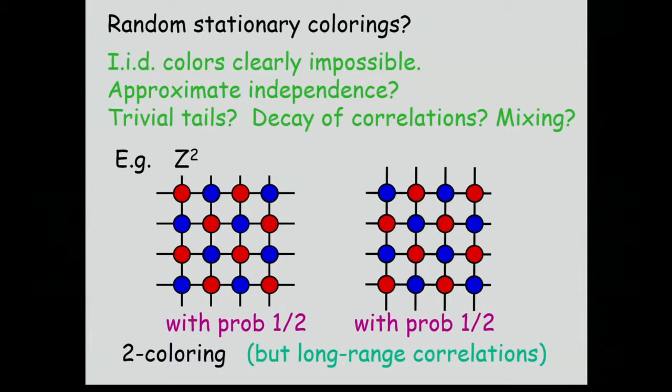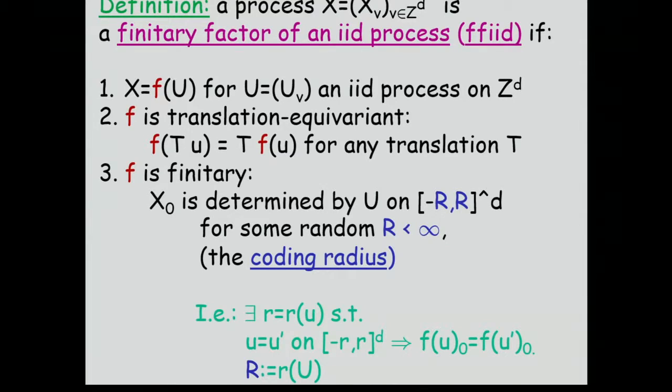But I'm going to focus on something very specific. Here's what I want to do. And this is somehow closest to the original thing I said. I want the vertices to behave like independent agents that can communicate with each other, though. So here's the definition.